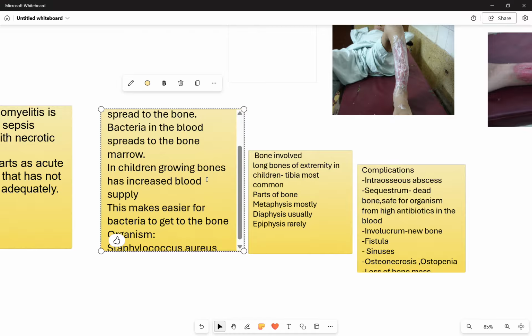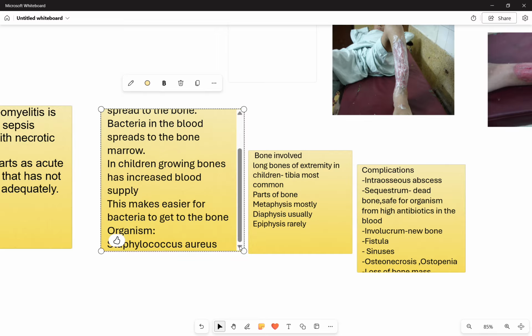In children, growing bones have increased blood supply because the bones are developing very fast. This makes it easier for the bacteria to get to the bone. The common organism involved is Staphylococcus aureus.